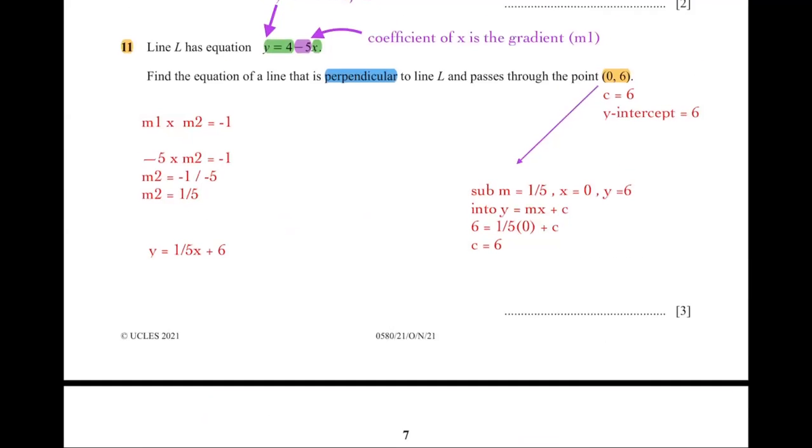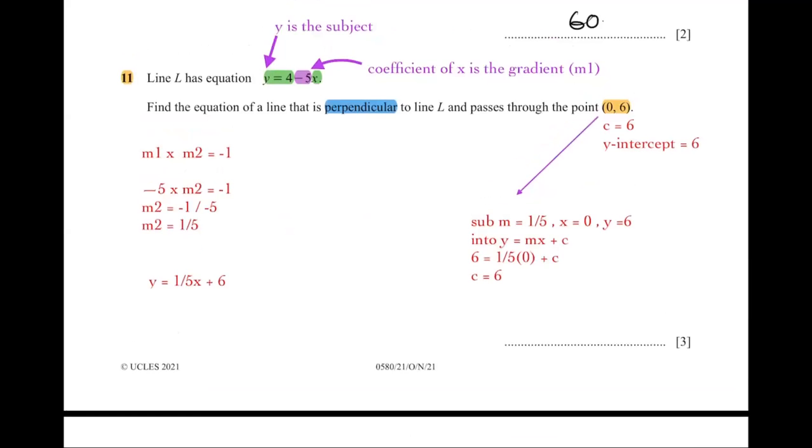Line L has an equation like that. Find the equation that is perpendicular. If you want to find a perpendicular line, you need to make sure that y is the subject already, and then find the coefficient of x to get your first gradient, which is m1. And write m1 times m2 equals to -1. Find the other gradient of the perpendicular line by substituting everything in, and you get m2 equals 1 over 5.